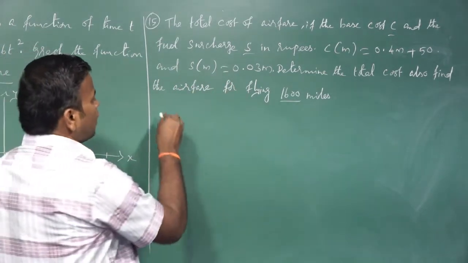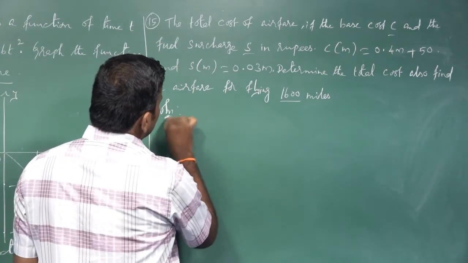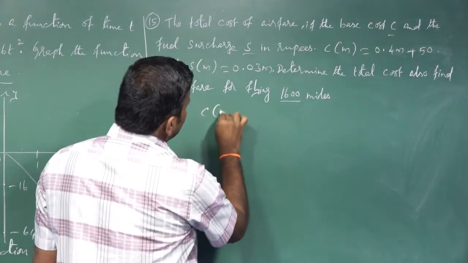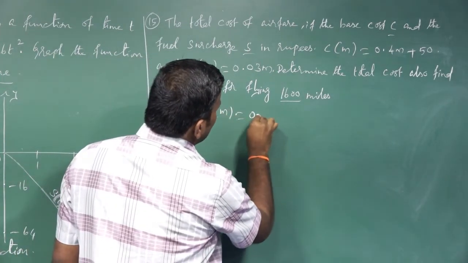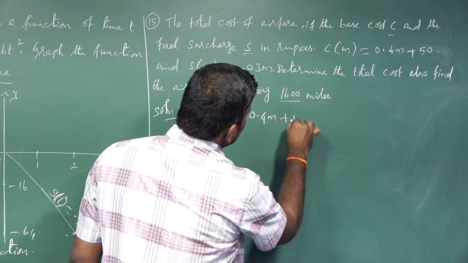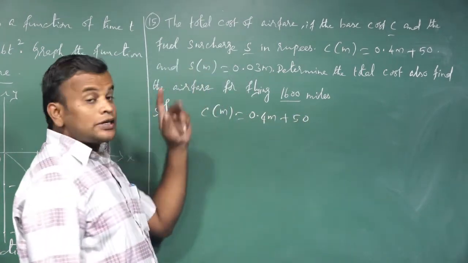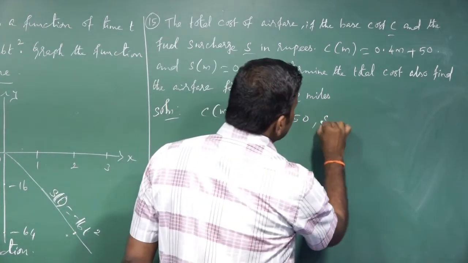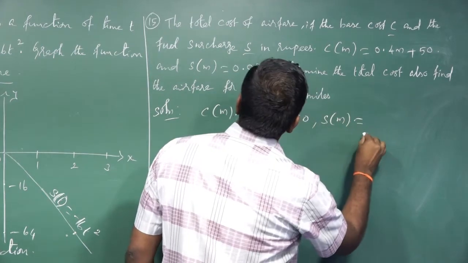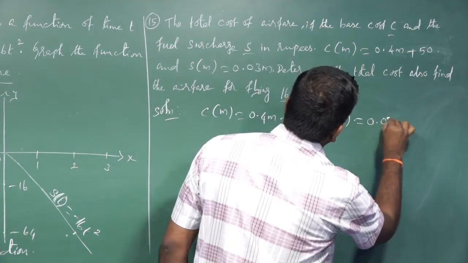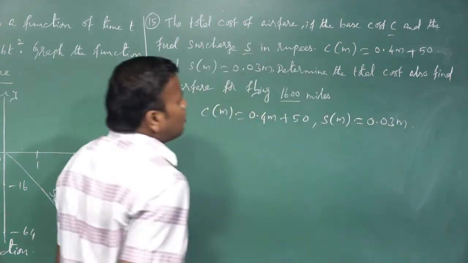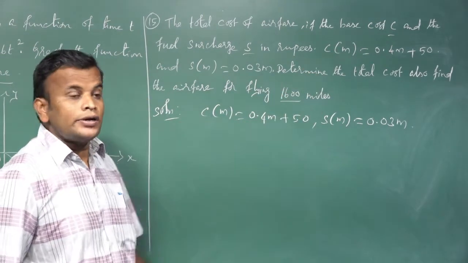All are given in miles. Now first of all, to find the total cost. Given C of m is 0.4 m plus 50. Next, S of m value is given 0.03 m. Our first question is to determine the total cost.